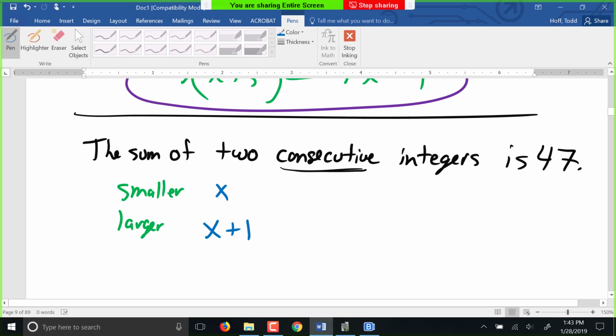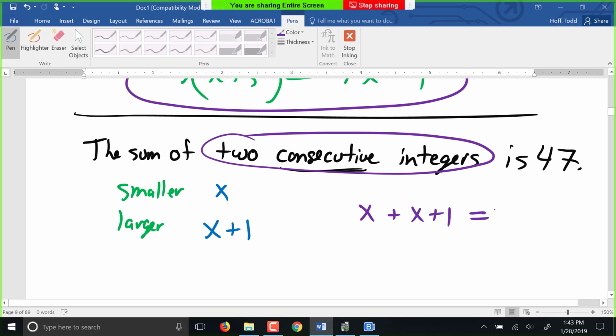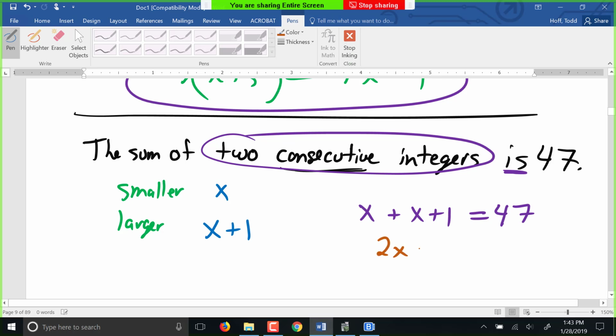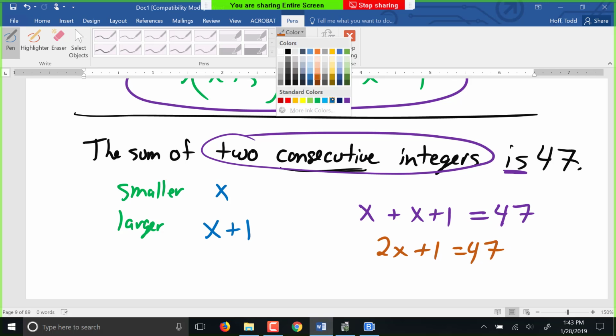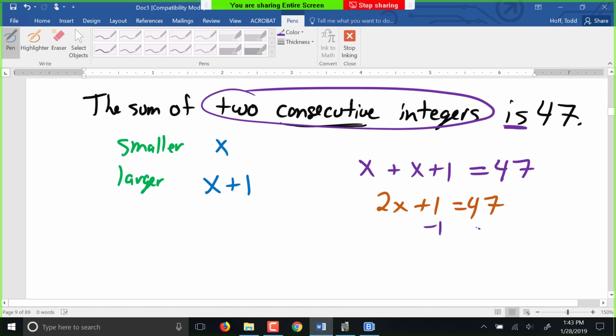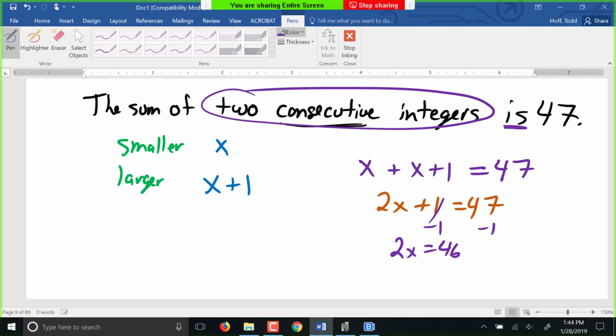So our equation here is x plus x plus 1, that's the sum of 2 consecutive integers, equals 47. So of course that's 2x plus 1 equals 47. We solve this equation. We're going to subtract 1, 2x equals 46, and divide by 2.